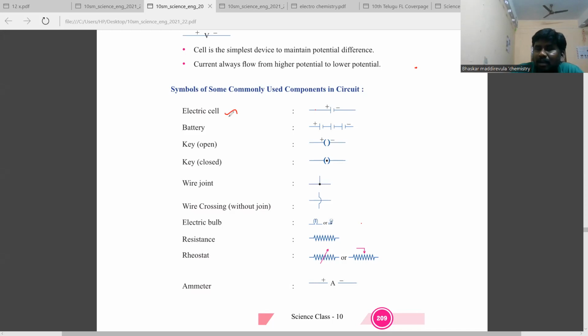The electric cell will convert chemical energy into electrical energy. This cell will help us to maintain the potential difference in the circuit. So this cell will produce potential difference.